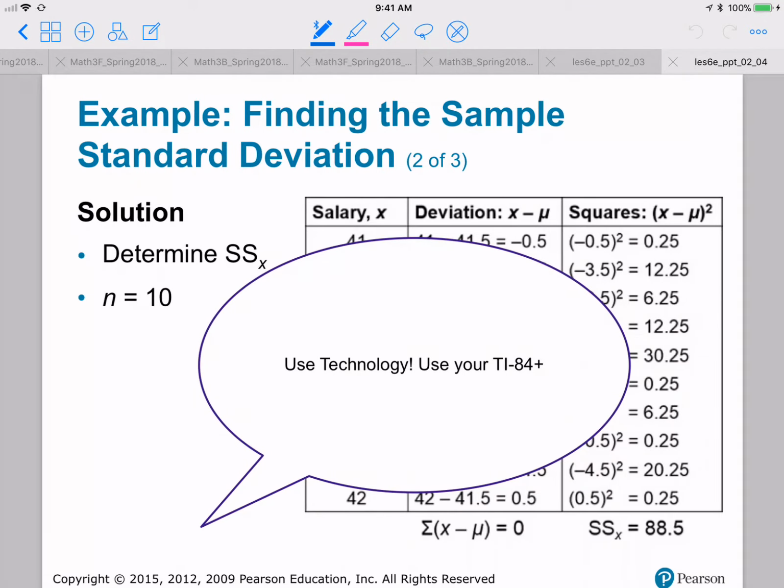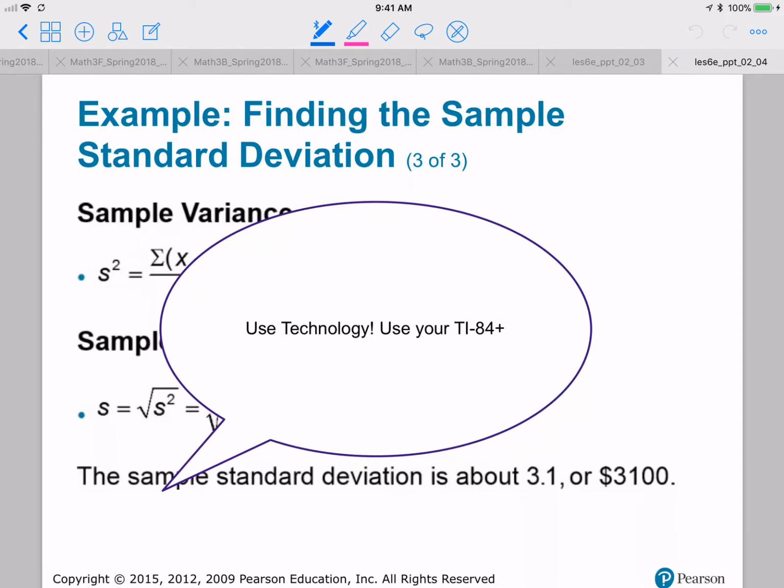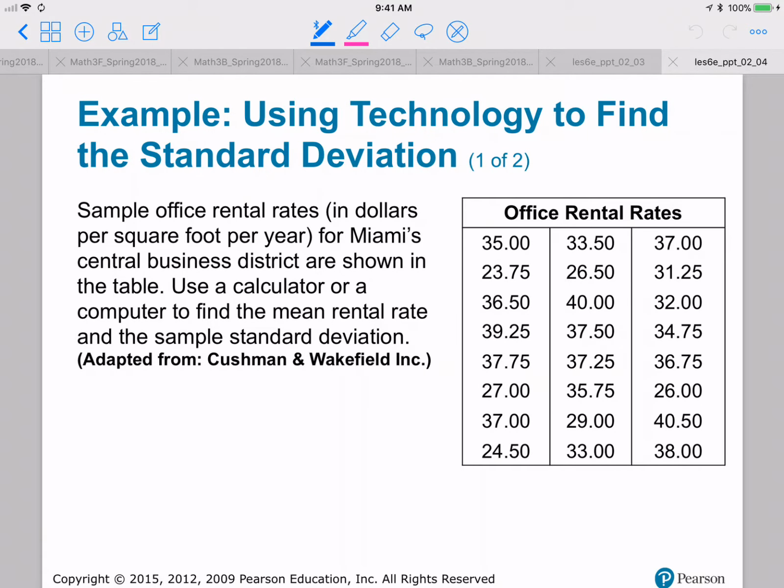Okay, so when you do that, let's make sure we get the correct answer here. You should see that your Sx is about 3.1. So your sample variance is going to be about 9.8. And this 3.1 again corresponds to $3,100. All right.